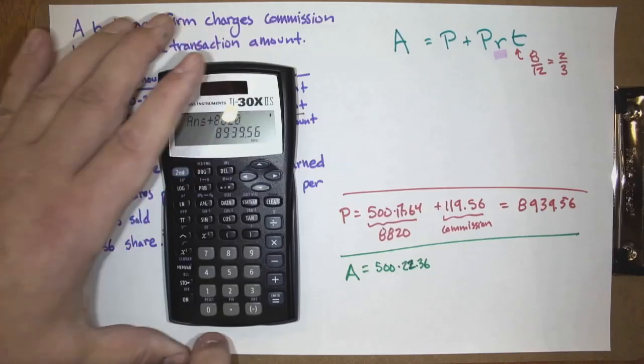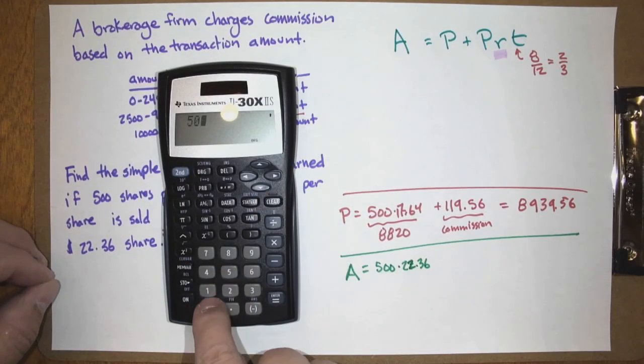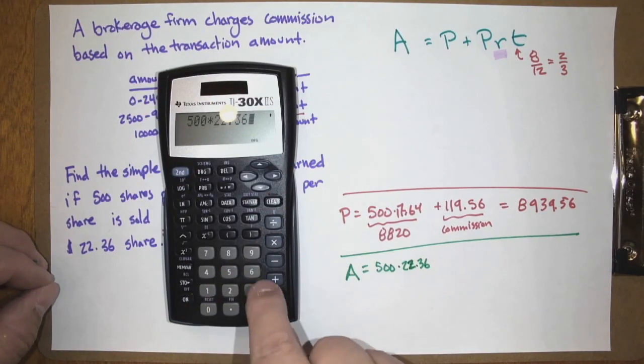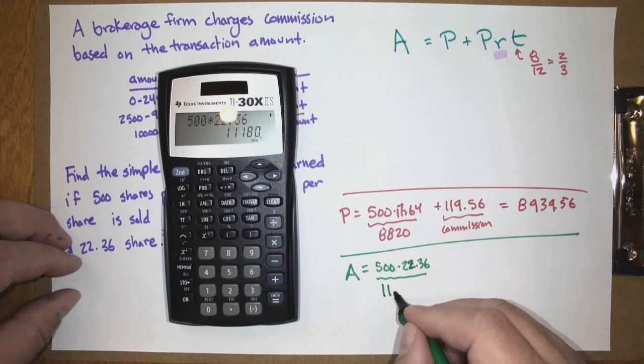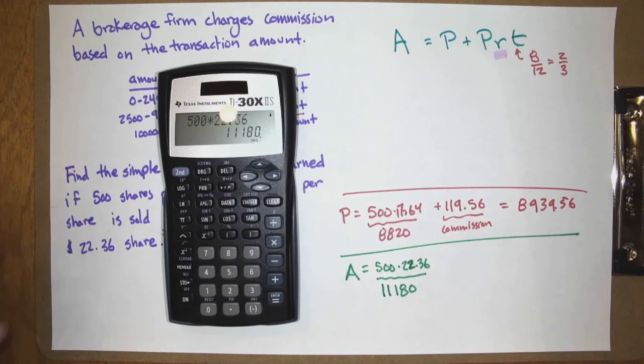Okay, so 500 times 22.36 says this is $11,180. Nice! Is that A? And why not? Yeah, we got to pay the commission.